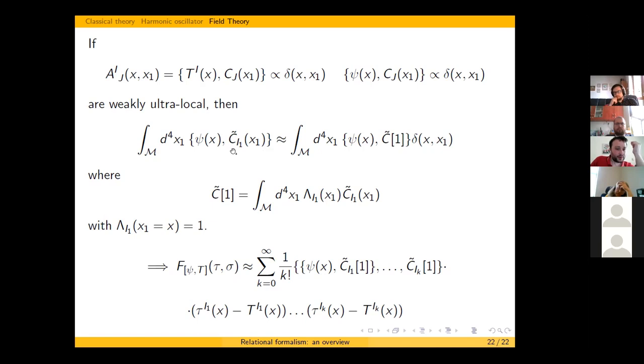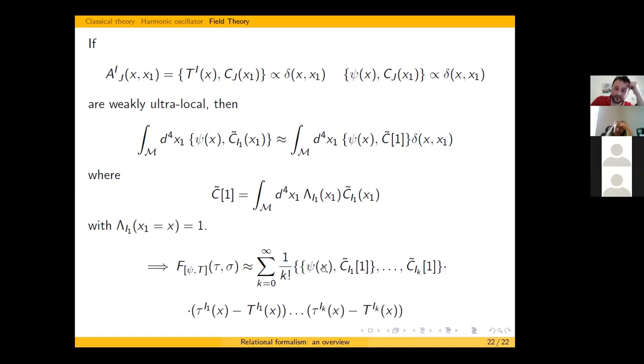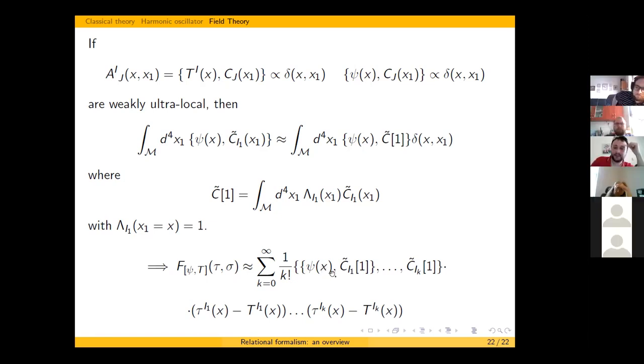So since this equality at least weakly holds, we can write the complete observable in this other way. That is, we have, okay, again, infinite Poisson brackets that we have to calculate, but at least for the constraint, there are no more integrals, and all the fields here are the same, evaluated at the same x as the partial observable that I want to measure.